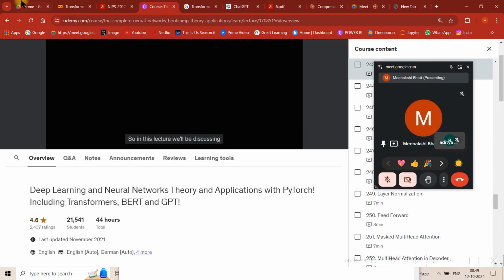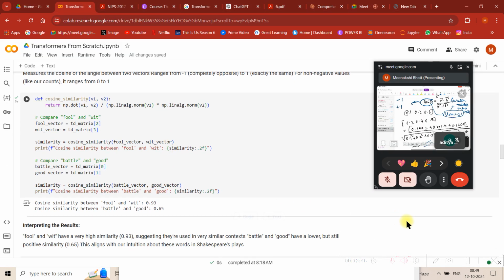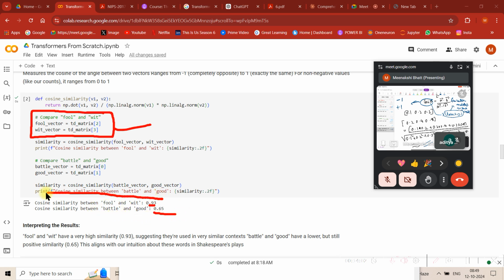So guys, we were studying term document frequency, right? You have seen how I'm able to compute term document frequency, and now I'm trying to compare fool and wit. The similarity between fool and wit is 0.93, and the similarity between battle and good is 0.65. So this has high cosine similarity. This is how you compute it using numpy.